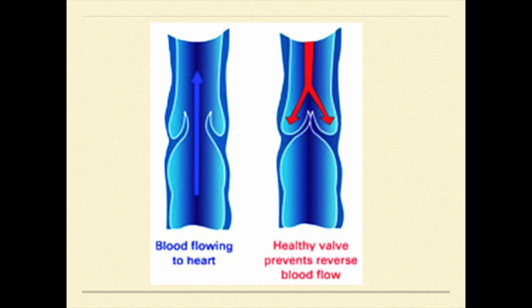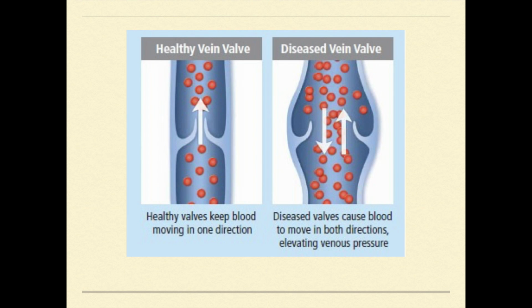I believe if we look at the next slide, it will show, again, on the left side, the blood cells going through a normal valve, and on the right side, you see an abnormal vein with abnormal valve cusps, which prevent the blood from circulating back normally towards the heart. And because of the abnormal valve cusp, the blood tends to pool in the lower extremity.